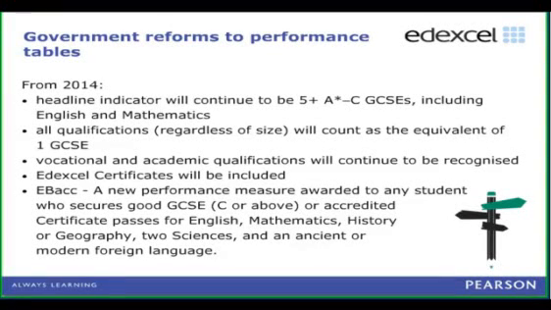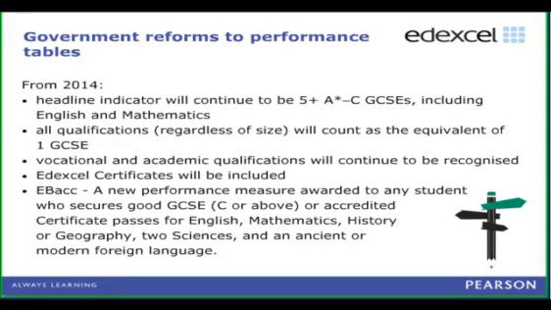Edexcel certificates will be included in the performance measures, so just as an aside, if you're doing GCSE mathematics, you could do the Edexcel certificate in mathematics, and that will be included in the performance tables. And the EBAC, as you probably know, is there as a performance measure.